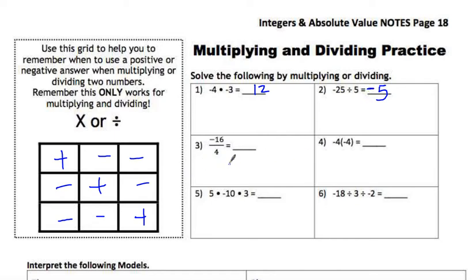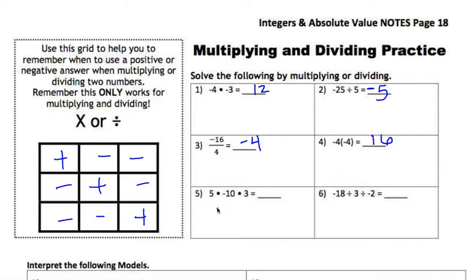So I want you real quick to try 3, 4, and if you feel challenged, do 5 and 6. So negative 16 divided by 4 would be negative 4. Negative 4 times negative 4 would be positive 16.